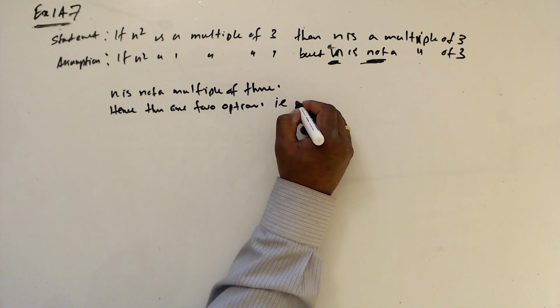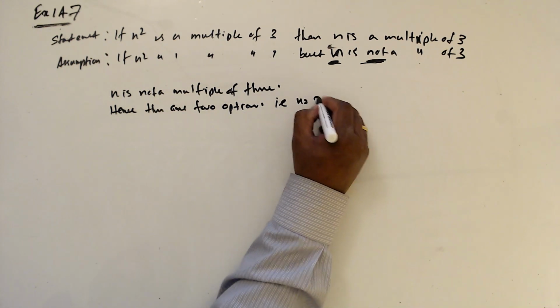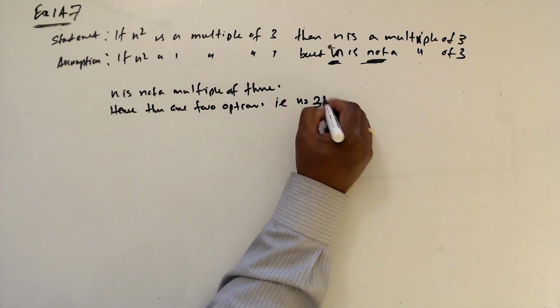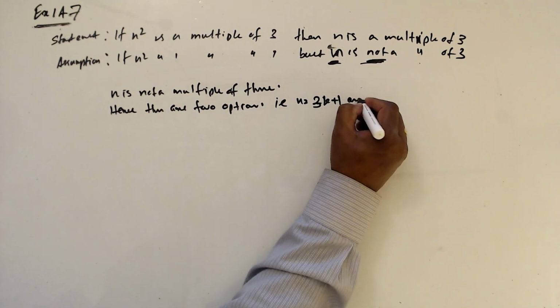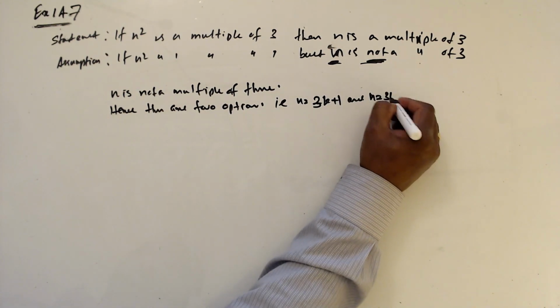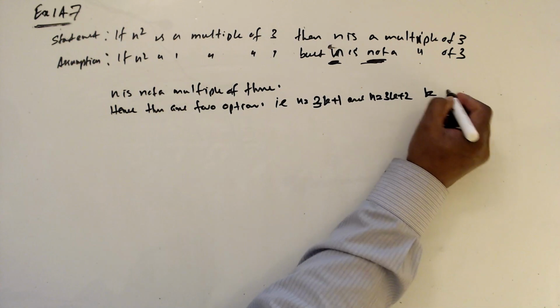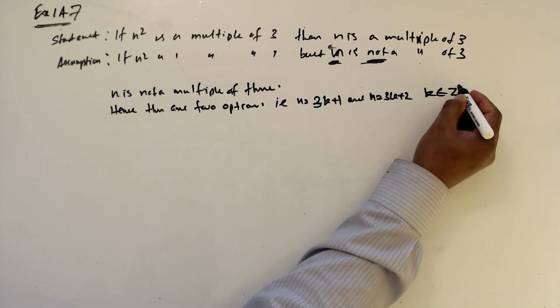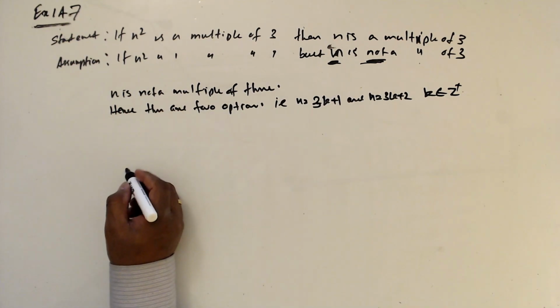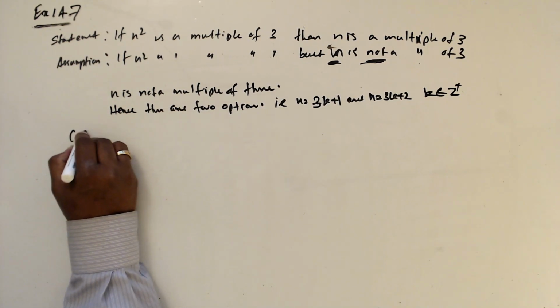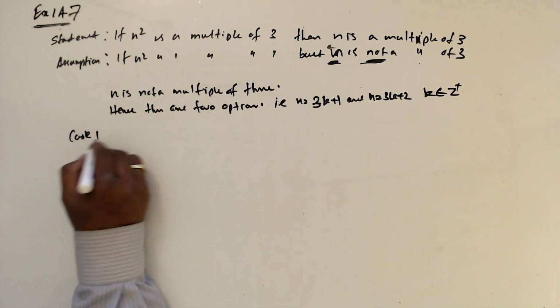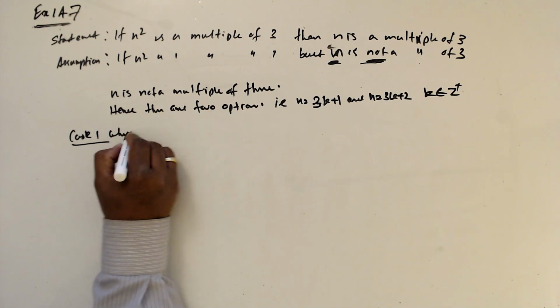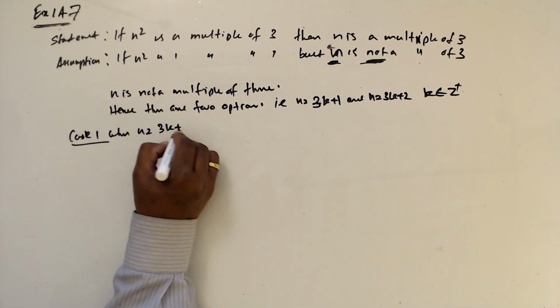That is n equal to 3k plus 1 and n equal to 3k plus 2, where k is an element of Z, an integer. Right? Case 1, when n equals 3k plus 1.